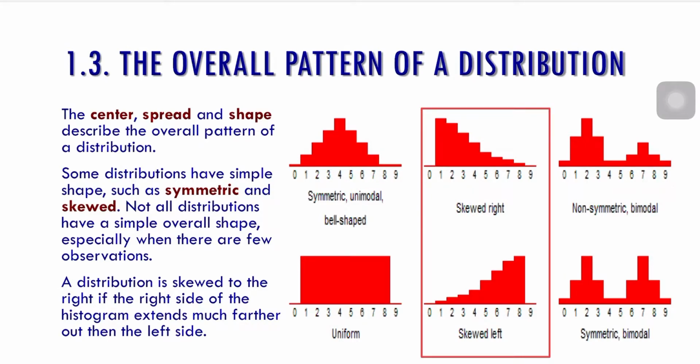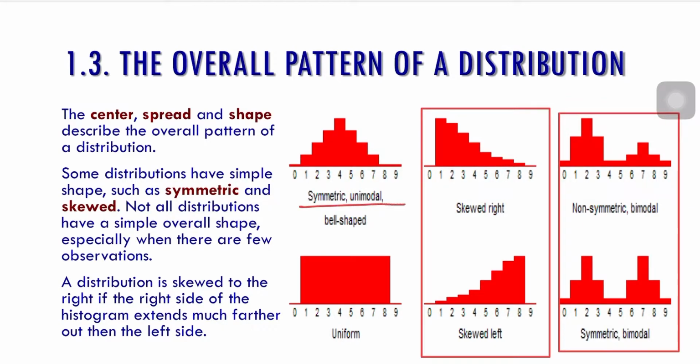It can be symmetric or non-symmetric. It can be non-symmetric and bimodal, or symmetric and bimodal, it's the same shape. It can be symmetric and unimodal, and also it can be uniform.